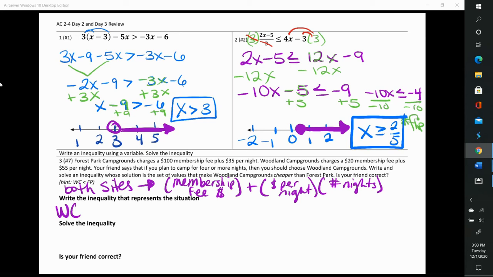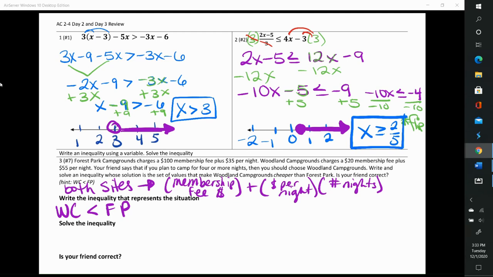WC is less than FP. That means set up the inequality so that you have woodland campgrounds is less than Forest Park. That way, when we get a solution, the solution will represent the possible nights that if you stay, it will be cheaper to stay at woodland campgrounds. And then we'll see if our friend is correct.